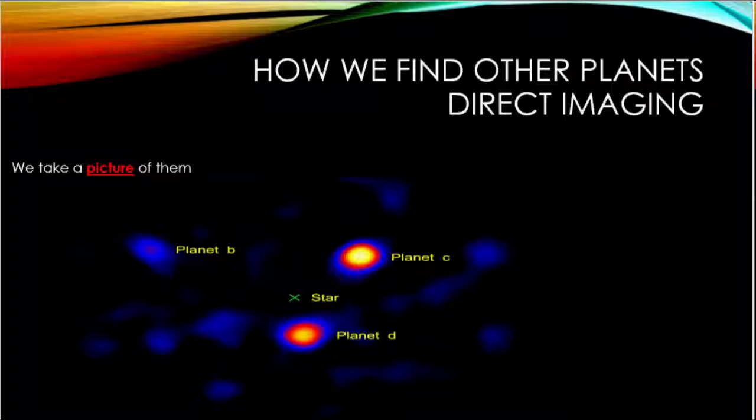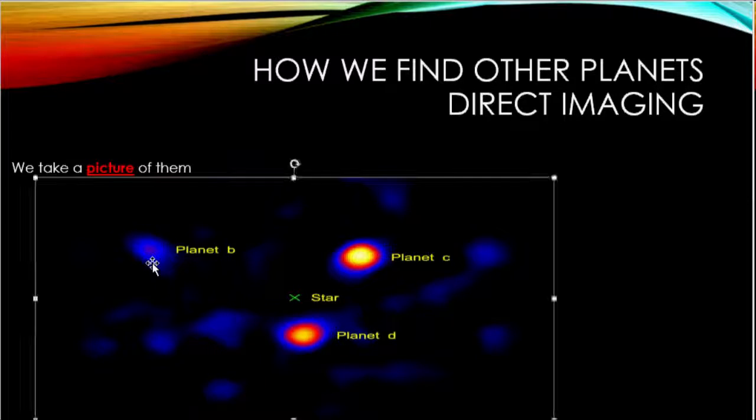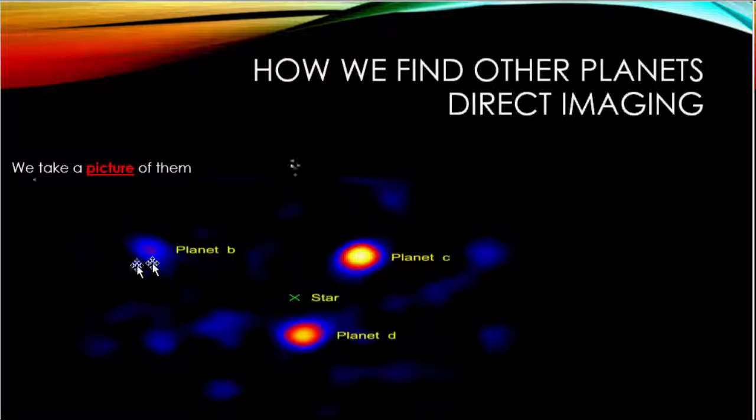We can also use direct imaging to find planets, just by simply taking a picture of them. So you can see here that a picture was taken. We find planet B, that would be this lightly colored one over here. And then we have planet C, which is very bright, so it's probably a gaseous planet.